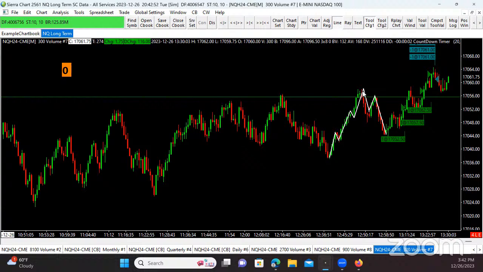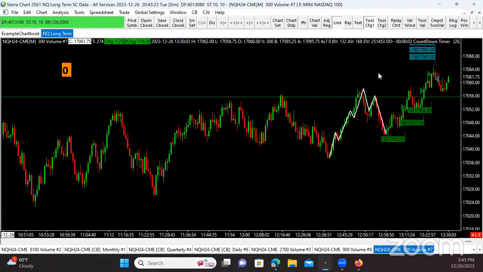So you have A, B, C in your correction. And then I get in once I know that I'm confirmed to go up. I know that I'm confirmed to go up here, and where I enter, and I enter again here, enter again here, and end up making approximately 12 points on that trade. Now, if you learn to do that, you will be profitable more times than not.